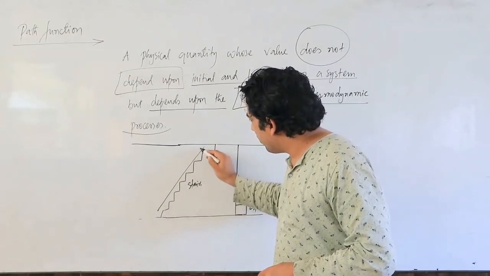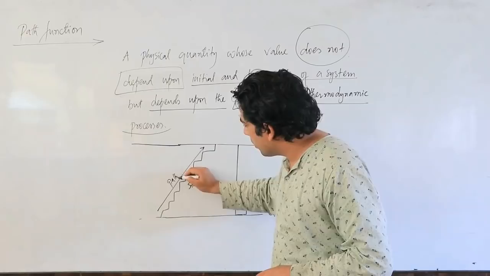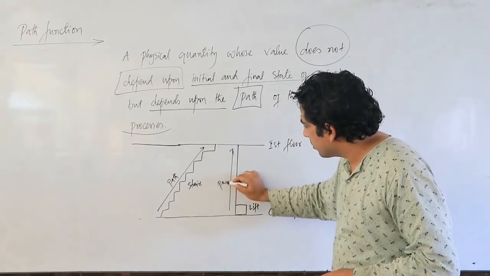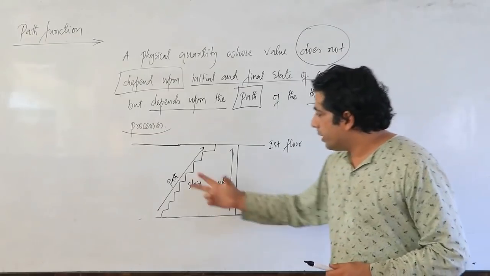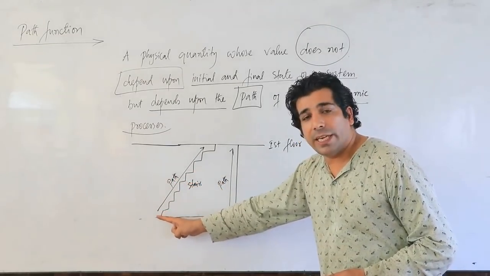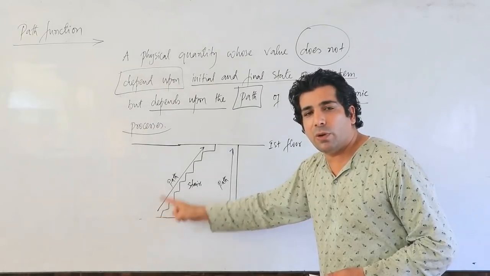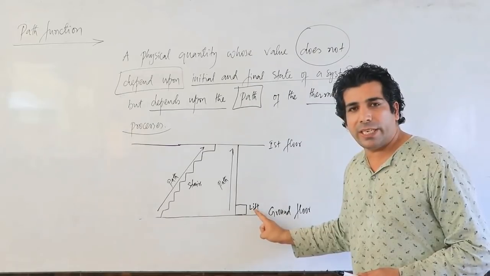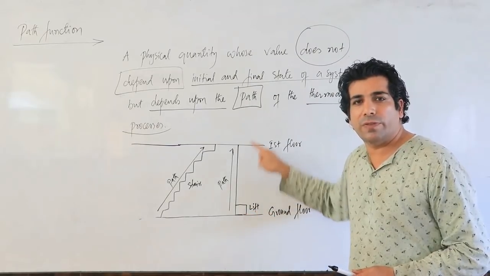Now look at this path. This is the path here. And look at this path. So this is the path which is taking the person from the ground floor to the first floor. This lift is also taking the person from the ground floor to the first floor, correct?